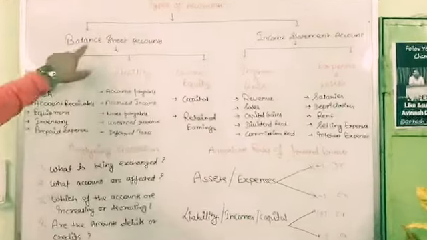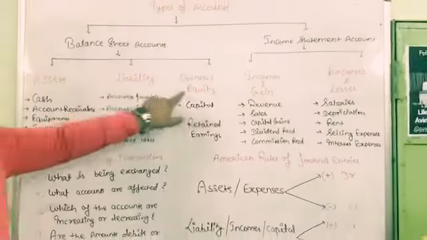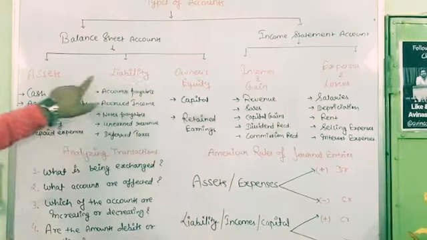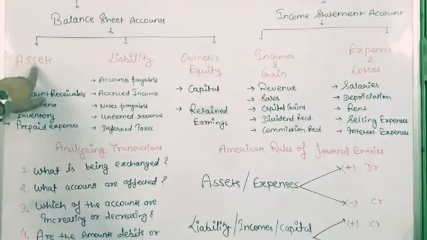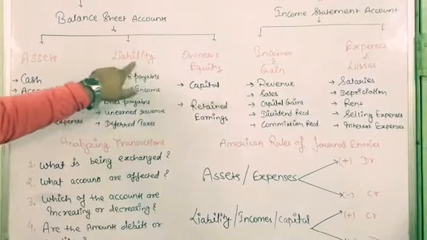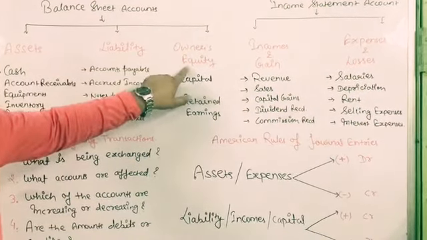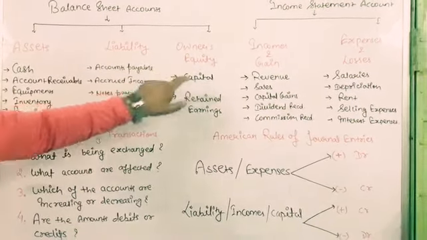Balance sheet accounts are further divided into 3 parts, as written in the red ink. Number 1, asset. Number 2, liability. Number 3, owner equity. Let me explain individually.